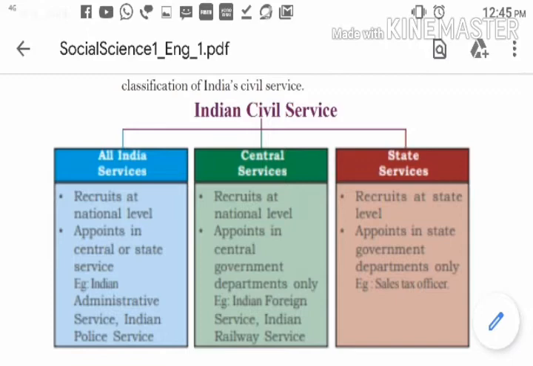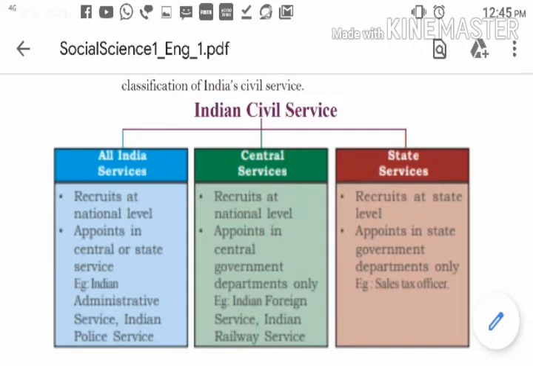Central service recruits at a national level, appoints in central government departments only. State service appoints only at the state level. So Indian civil service is classified into all India service, central service, state service.